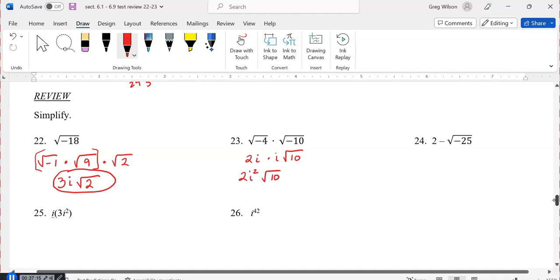And i squared, let me just write this. i is equal to the square root of negative 1, so i squared is equal to just negative 1. So saying 2 times i squared is really like saying 2 times negative 1. So my final answer here is negative 2 times the square root of 10.